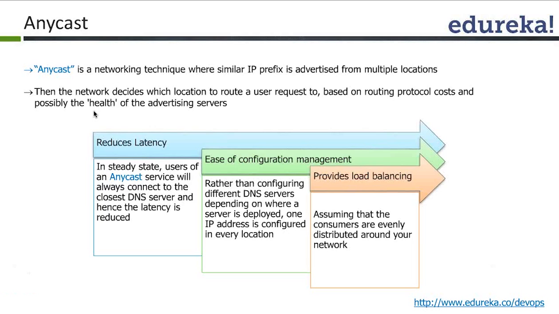Now imagine the server is located in India, but the Anycast request, which is actually configured not in any of your DNS, it's a part of your router, keeps a track saying that there is a problem with this server, so you please don't go to the India server, go back to your US server. So it does that in two ways. One is through your cost, the distance, and the other one is through your health checks.